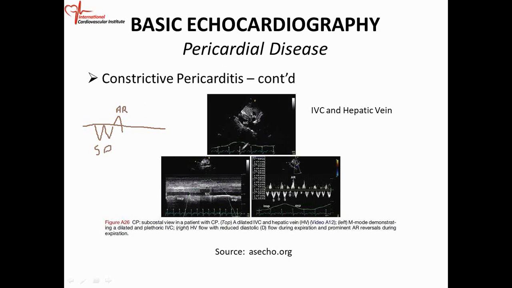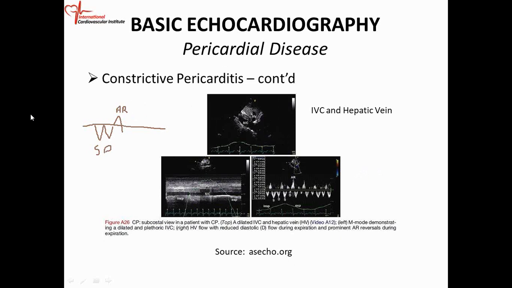A large E prime, so you have to now think constrictive pericarditis. When you look at your IVC, it's dilated and you have a lack of inspiratory collapse. Okay, and then when you do your hepatic vein flow, and if you get an exaggerated atrial reversal with expiration, this is almost 100%.